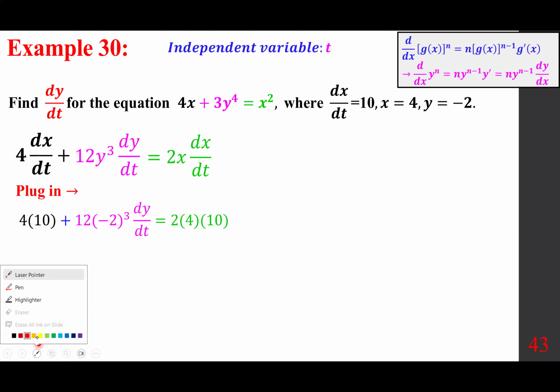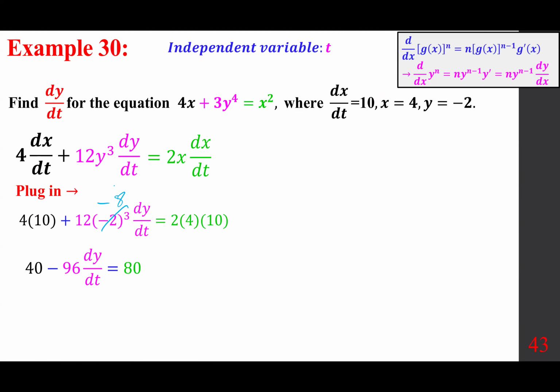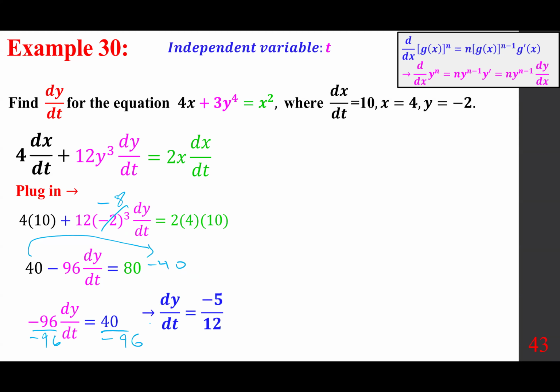This is minus 8 times 12 is minus 96. The right side is 80. And so obviously you subtract 40, you get 40, and divide. And you get 40 over negative 96. Both of them are divisible by 8, negative 5 over 12. And that is the final answer.